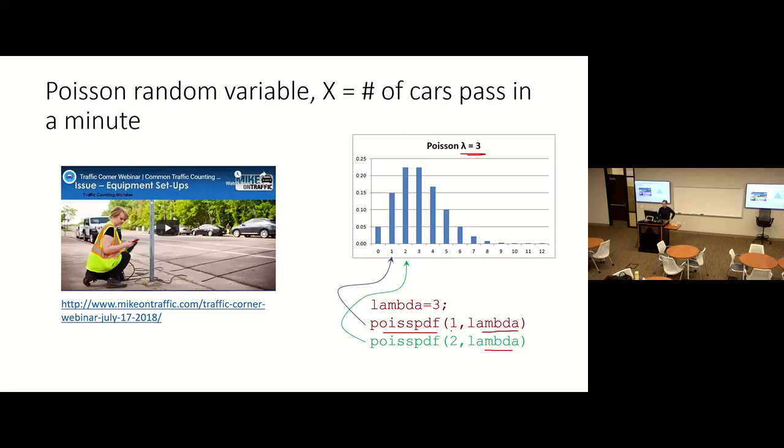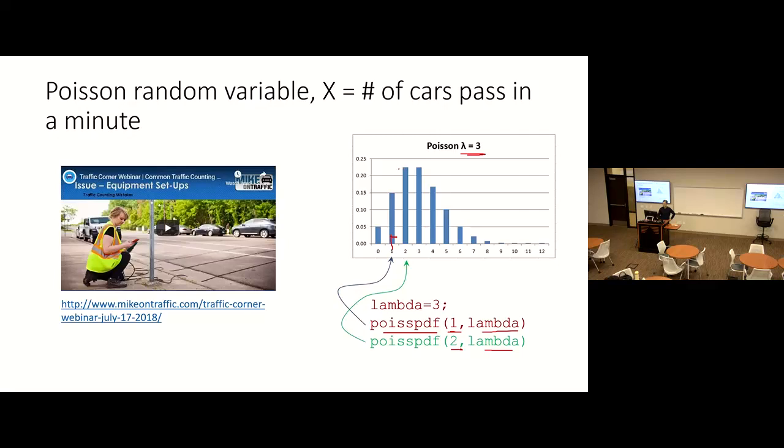Then how many? What's the probability if you have one car pass, if you know the average is 3? So the probability is 15%. You can observe, if this one car pass, on average is 3, what's the two?